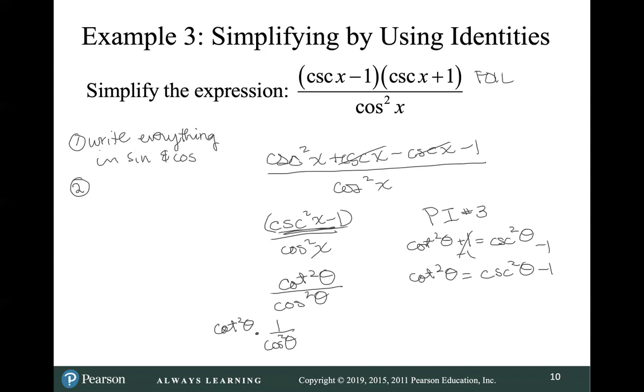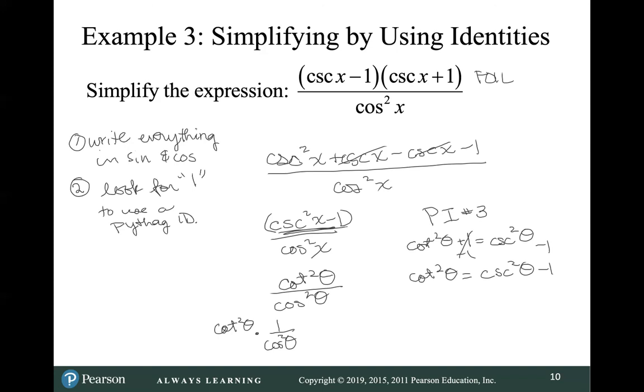But if you get stuck, that's a good go-to tactic. Look for 1 to use a Pythagorean identity. Those are a couple go-to strategies. We'll go through more strategies as we go through the chapter as well.